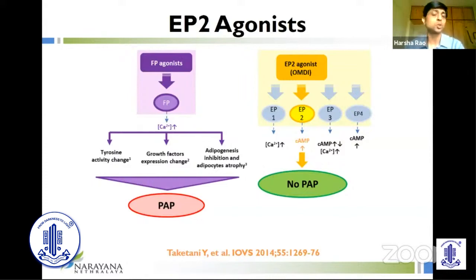So the other way of managing patients with PAP is to shift them to a novel class of medicines called EP2 agonists. So the commonly used prostaglandin analogs are FP2 alpha agonists, but a new class of EP2 agonists have very little effect on the adipogenesis and therefore have no or very little PAP occurrence.